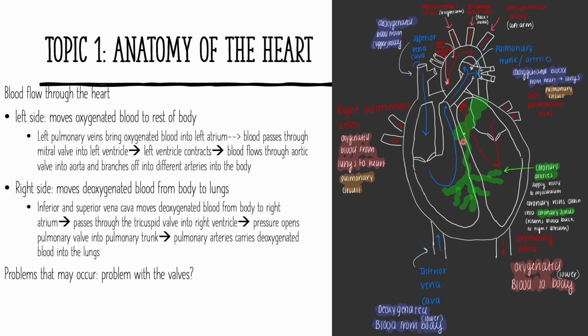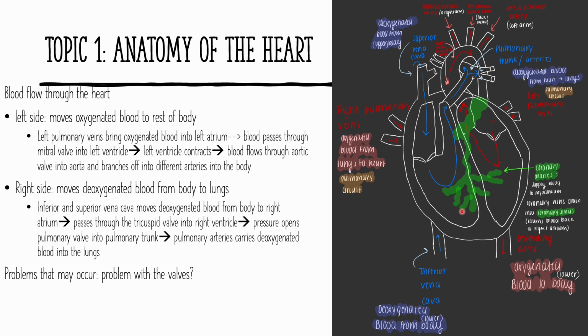We also have another circuit, the coronary circuit, which is on the surface, which provides blood to the myocardium. And this is important because the myocardium houses all those conductive cells, which is necessary for keeping the heart pumping.